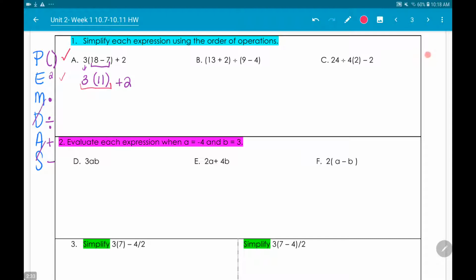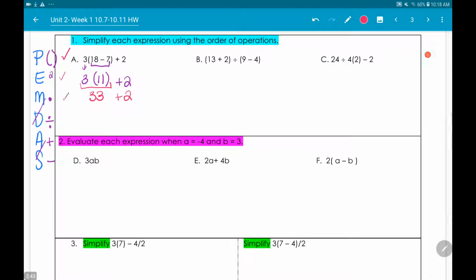Multiplication, remember, is a dot or parentheses. So 3 times 11 is 33. I bring down the 2. There's no division. There is addition. So now I do that step. 33 plus 2 is 35. And that is my last step. So 35 is my answer.